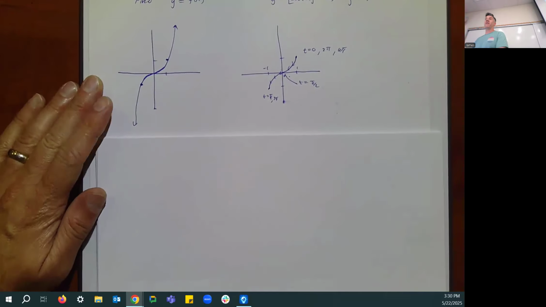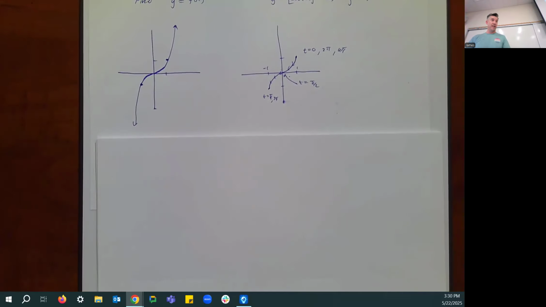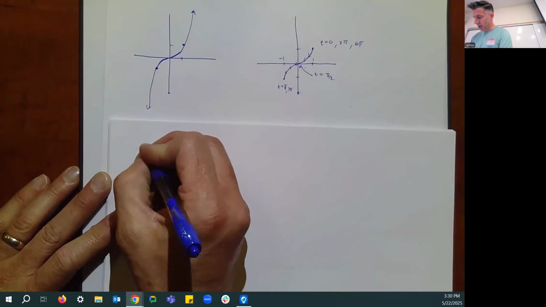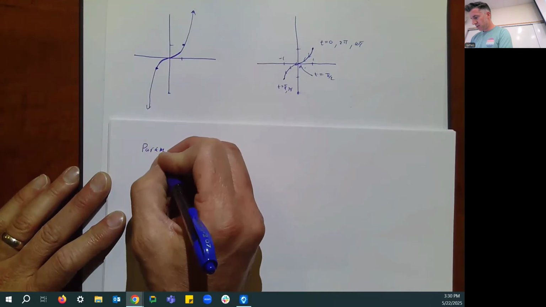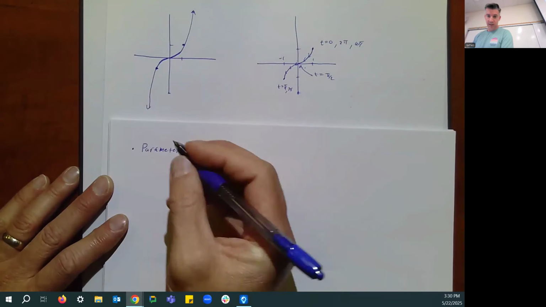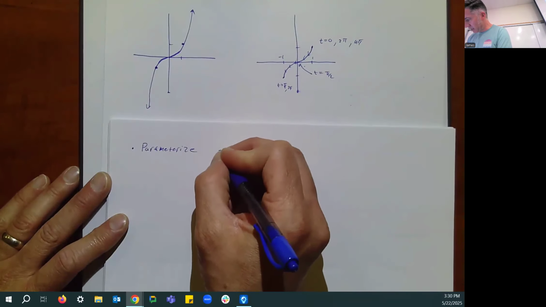But we can very easily parameterize lines in 3-dimensional or 2-dimensional space. For example, we want to parameterize each curve.